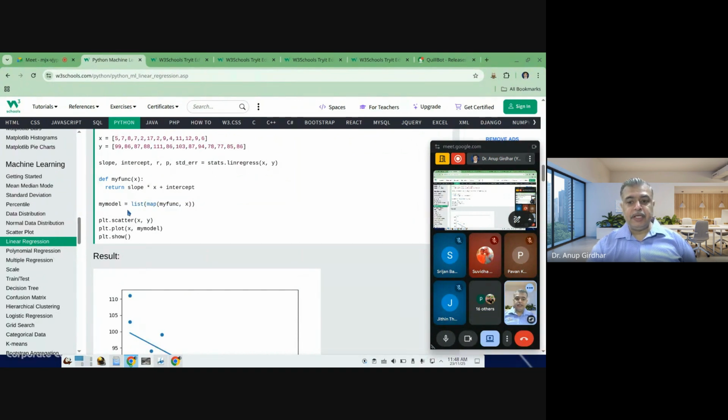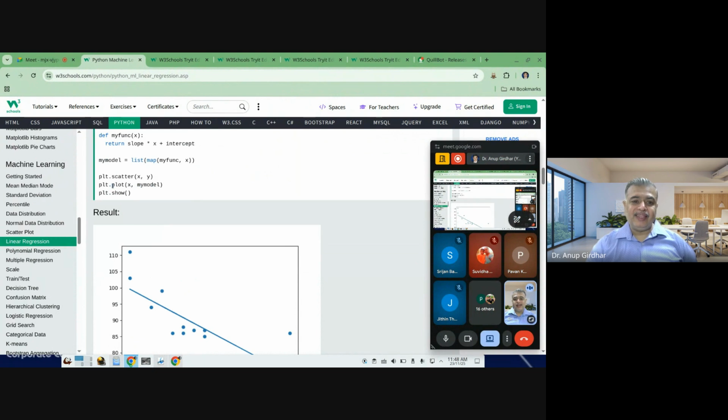So once you get the list of the values, you transfer those values into my model, and then finally we go to the scatter plot, place the x and y coordinates, and plot those values in correspondence with x and my model. Okay, so whatever list you identified, we keep those values for y positioning, right?